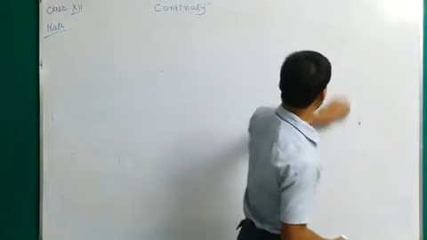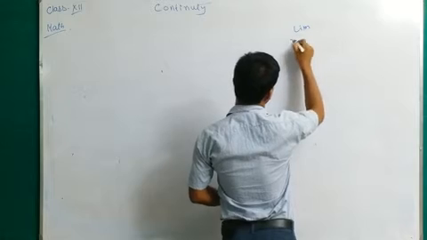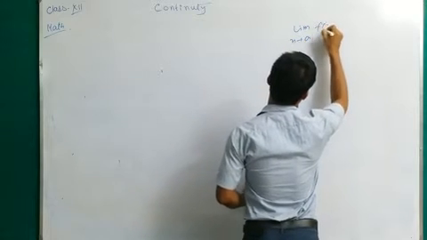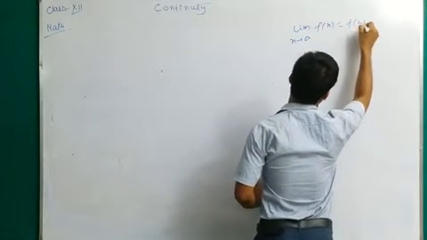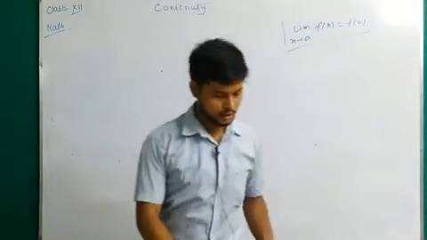Okay, here I am writing the formula: limit x tends to a, f of x is equal to f of a. If this condition is satisfied, then we know that the curve is said to be continuous.